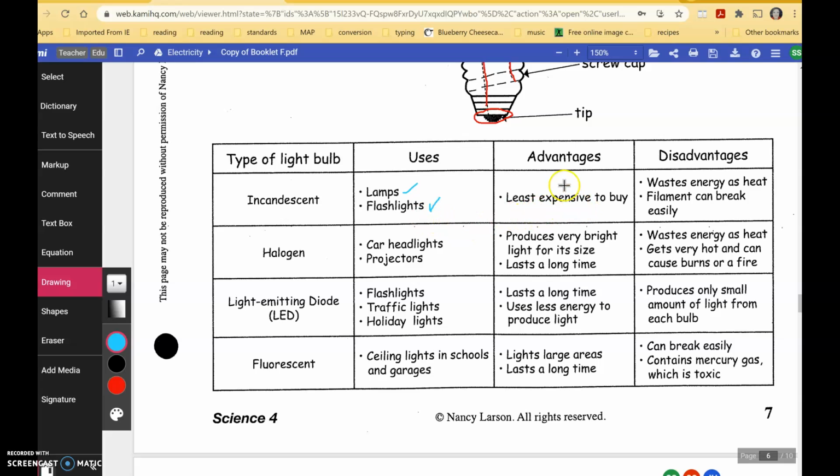It all comes down to money. Right here, these are the least expensive to buy. But what are the disadvantages? They waste energy as heat, and the filament can break easily, so you're changing those out a lot more often.